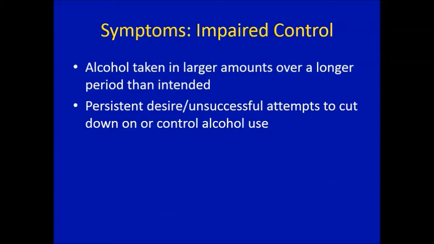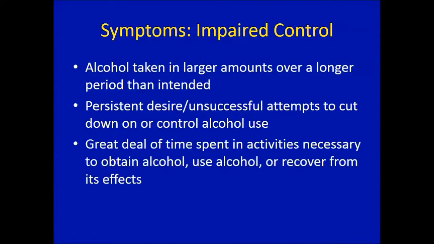So they might be unable to stop drinking entirely. They might have repeated efforts to remain abstinent, and then those are interrupted with drinking. Or they might have a desire to decrease their use or restrict their use to certain kinds of situations and be unable to follow through on those attempts. So all of those would also be evidence that a person is unable to control their drinking behavior.